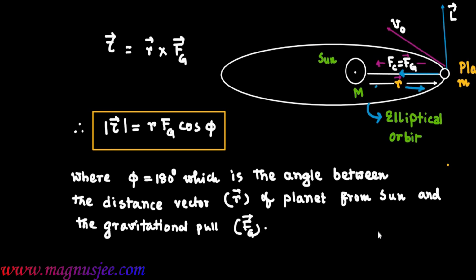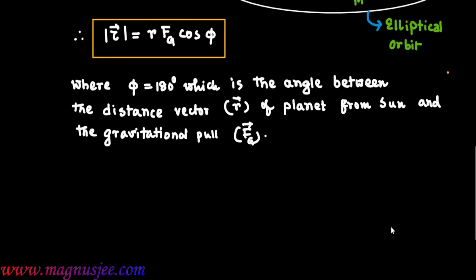In the diagram, vector r acts radially outwards and gravitational pull vector Fg acts radially inwards. They are opposite to each other. That's why phi equal 180 degree.